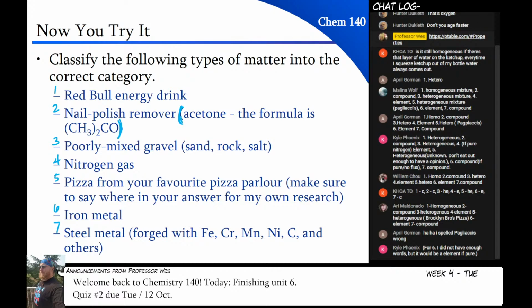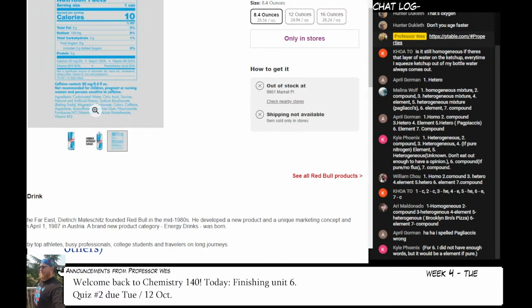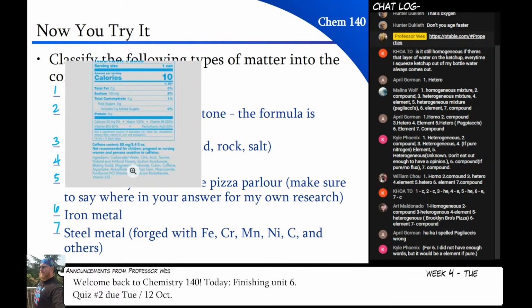Let me try and find it. Okay. All right. So here's the label for Red Bull.